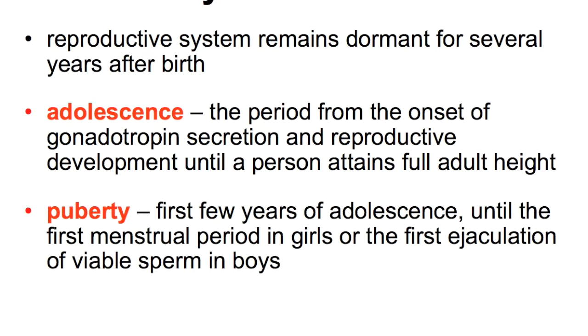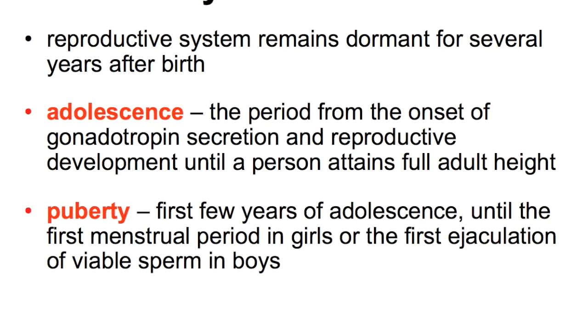So, talking about puberty in males and climacteric in males, the reproductive system remains pretty dormant for several years after birth. It doesn't do a whole lot in males until adolescence, when gonadotropin starts to be secreted and reproductive development begins. This will continue until the male reaches full height, which can be into the 20s.